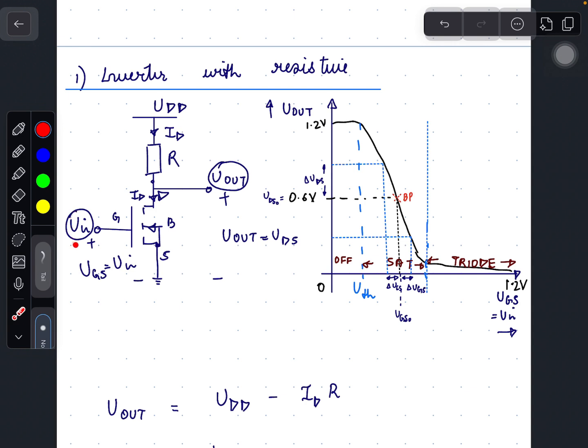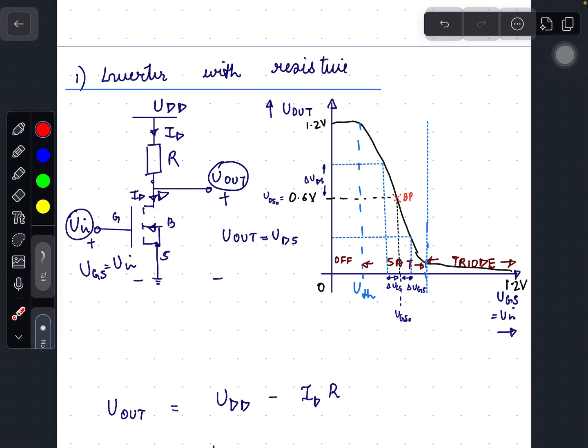And when Uin is at UDD, the MOSFET is completely turned on and the output voltage Uout will be equal to 0.